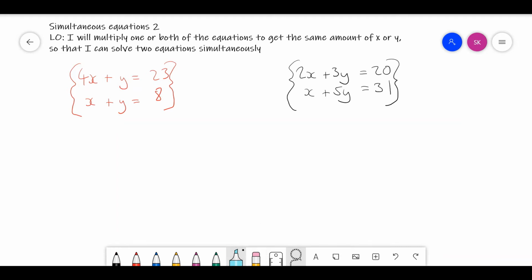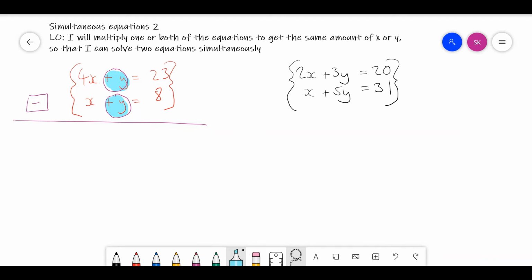Well, hopefully you can see in the first pair of equations, in the red side, we've got this helpful plus y in both of them. So it's very easy for us to say, okay, we're going to target the y's, we're going to eliminate the y's. What do I need to put in that box to eliminate these two positive y's? Well, I need to subtract, because positive y take away positive y will give us nothing.